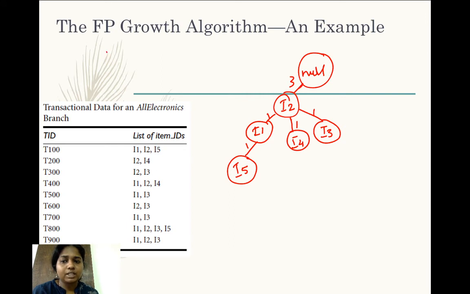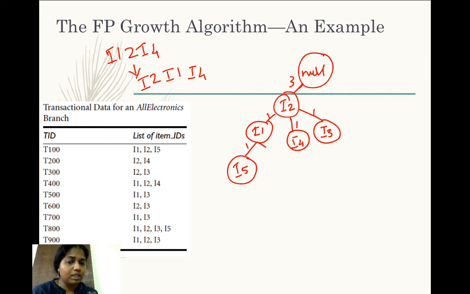The transaction is I1, I2, I4. These are the values. Now if I try to reorder them according to their support values, I get I2, I1, I4. Now I have to add these elements to the tree structure. I2 is already there. I2 followed by I1 is also there. But to I1 there is no I4 connected.